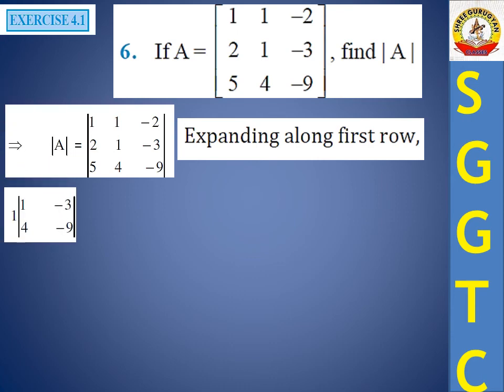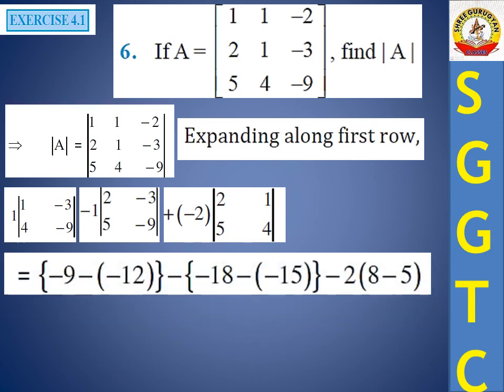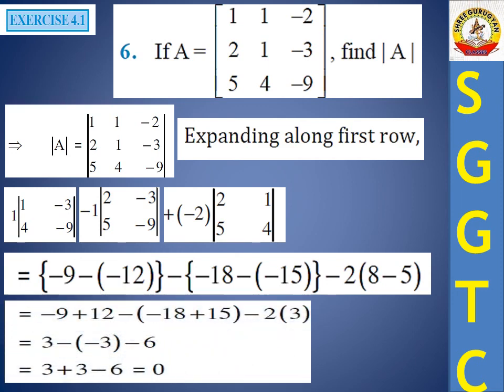First of all 1, remaining value 1 minus 3, 4 minus 9, same as second value minus 1 with 2 minus 3, 5 minus 9, and at the last plus 2 with minus 2, there are 2 1, 5 4. Same apply principal diagonals minus secondary diagonals, further calculate, and you get the answer is 0.